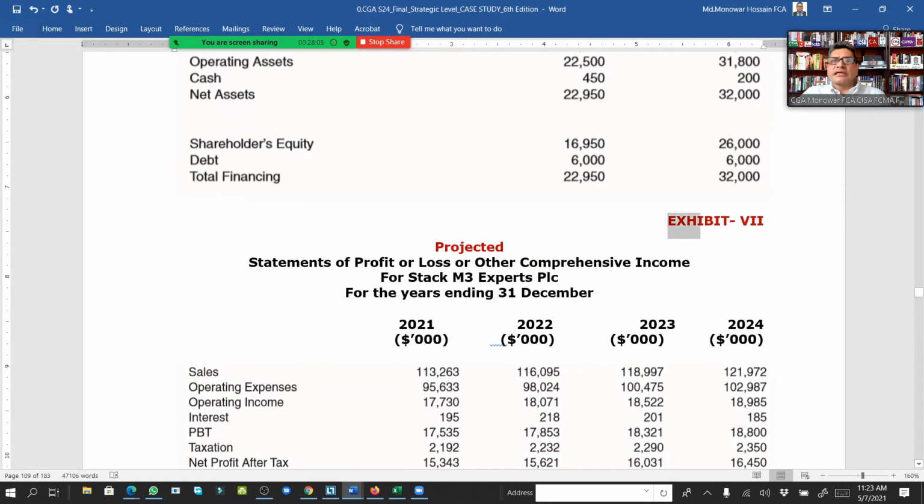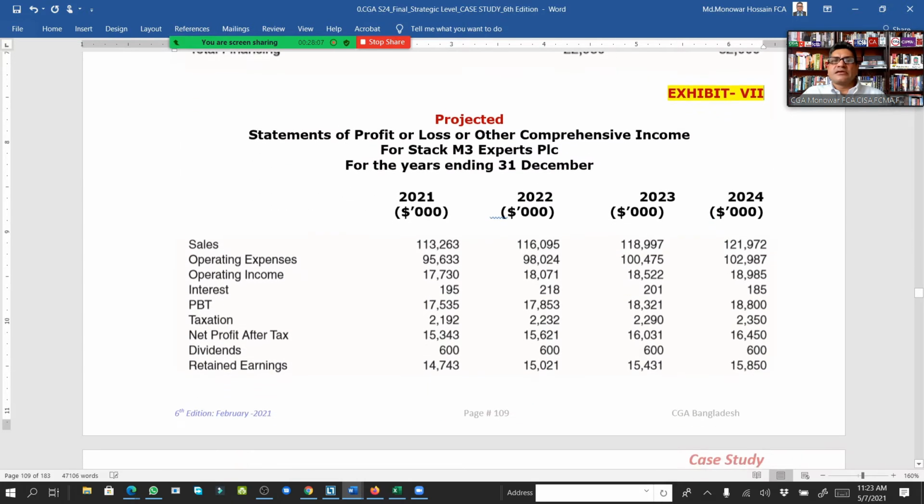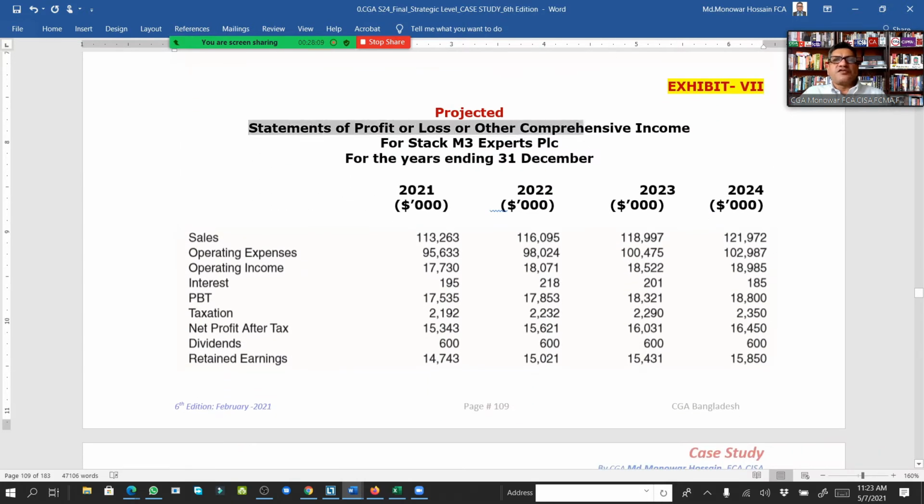Now the projected statement of profit and loss and other comprehensive income of M3 Expert for the year ending 31st December is the projection for the next years. We can change it, maybe 22, 23, 24 and 25, because now 21 is going on.